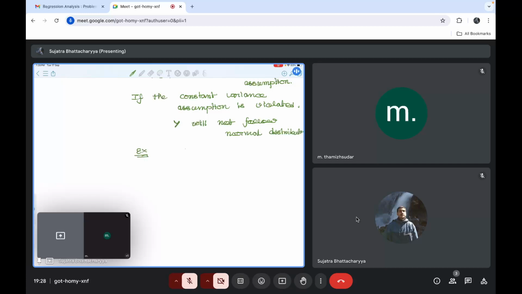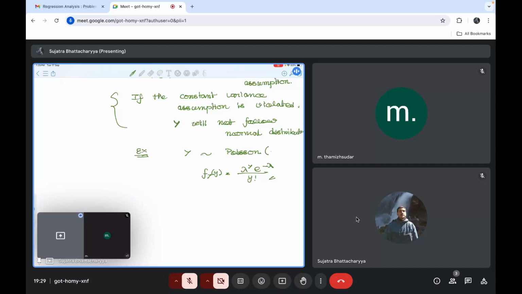It has been shown that suppose y is not following a normal distribution in this kind of case where the constant variance assumption is violated. So suppose y is showing a Poisson distribution. Okay, the Poisson distribution is something like this: lambda to the power y, e to the power minus lambda, divided by y factorial. This is your f y of y.